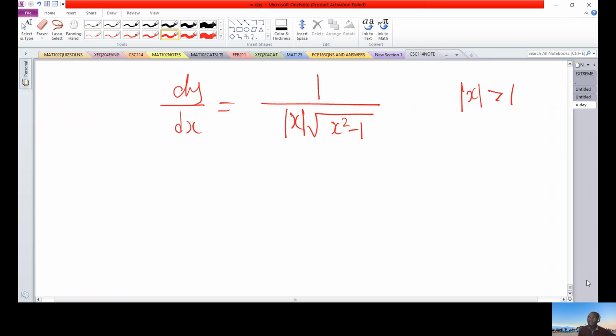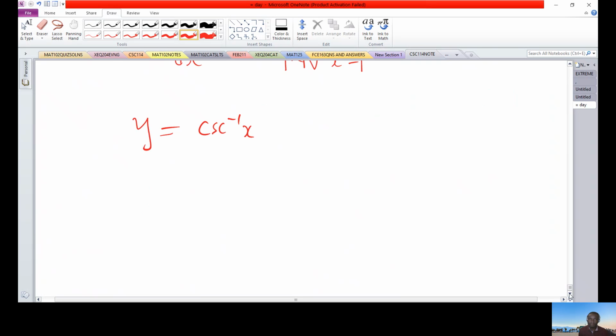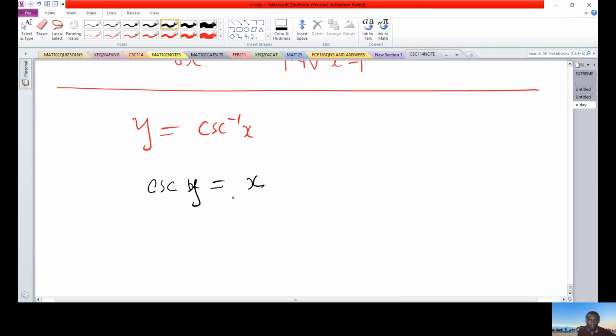And then when we have y given by cosec inverse of x, this is the same thing as saying cosec y is the same as x.